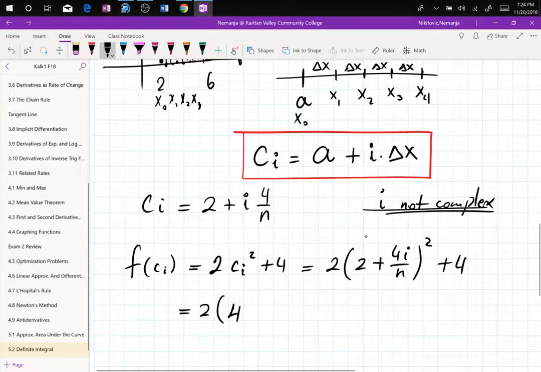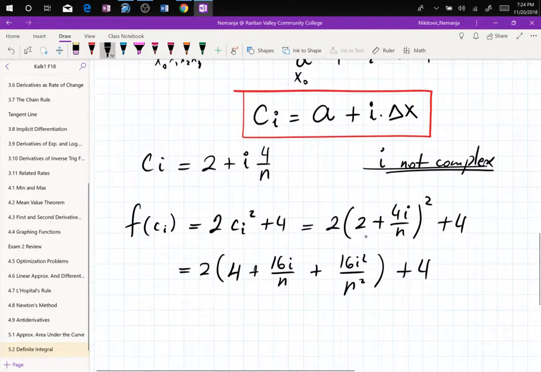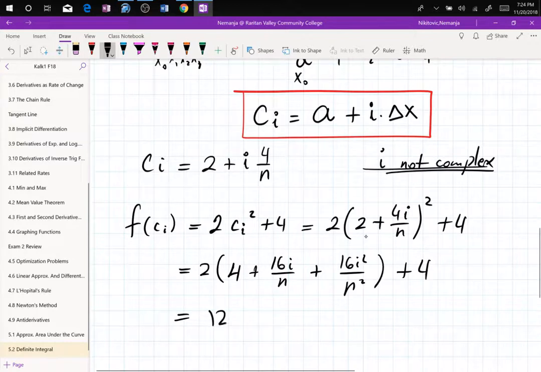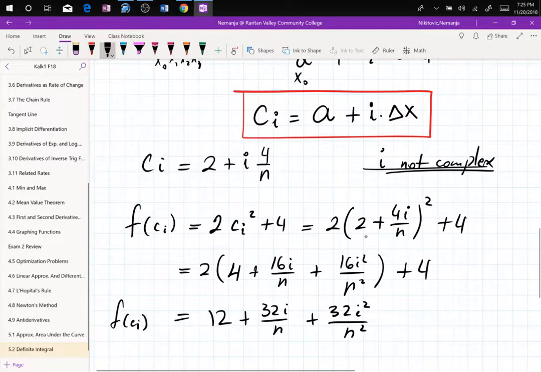So that's 4. 2 times 4 is 8, times 2 is 16, so plus 16i over n, plus square, it's 16i squared over n squared, and we still have plus 4. 2 times 4 is 8, plus 4 is 12, so 12 plus 32i over n plus 32i squared over n squared. Yay! I have my f of ci finally.